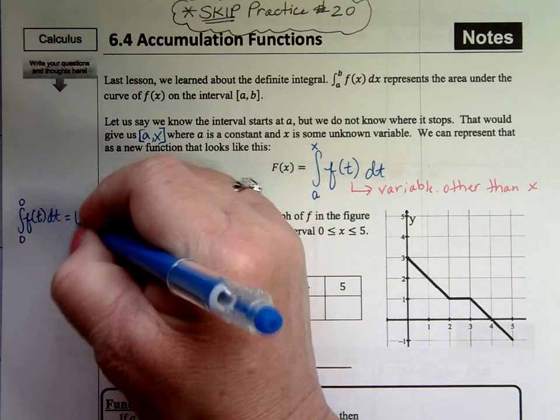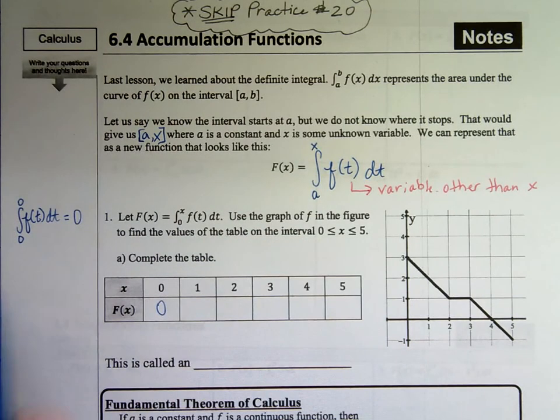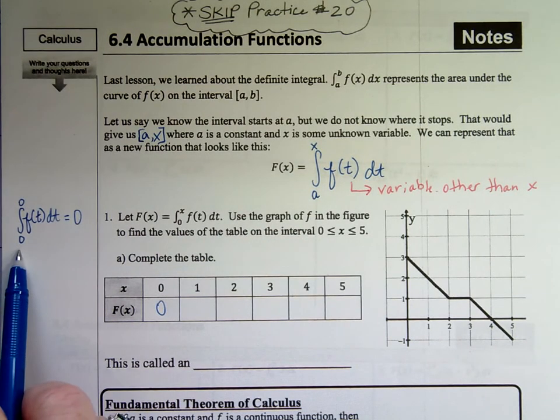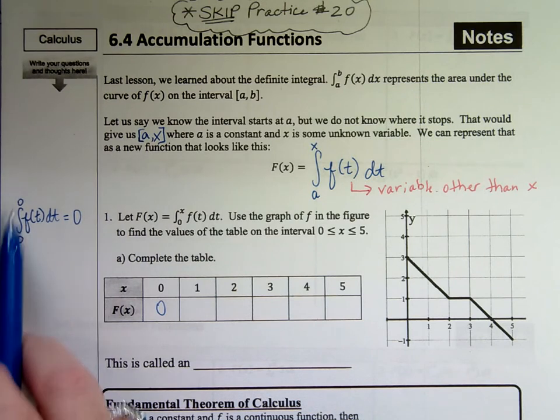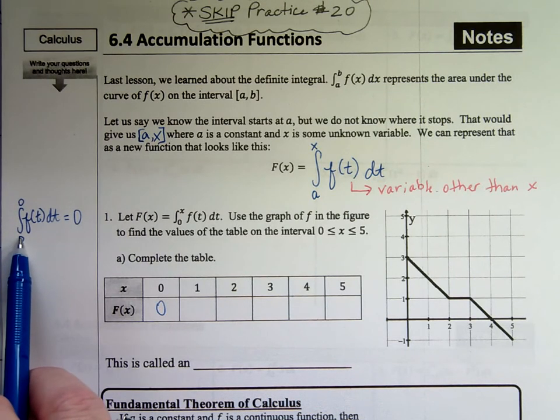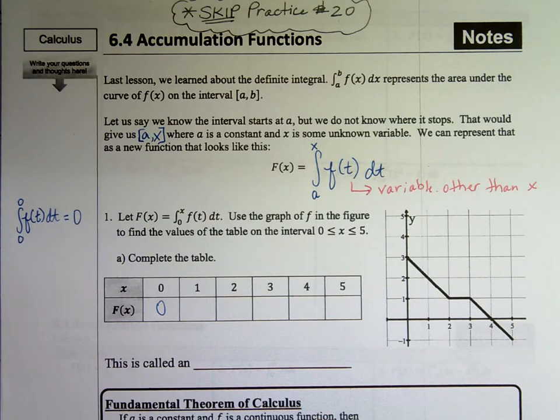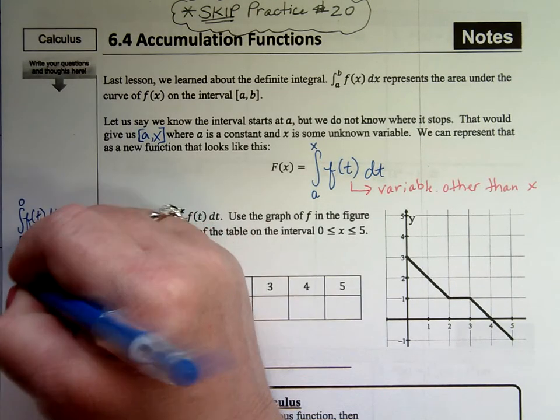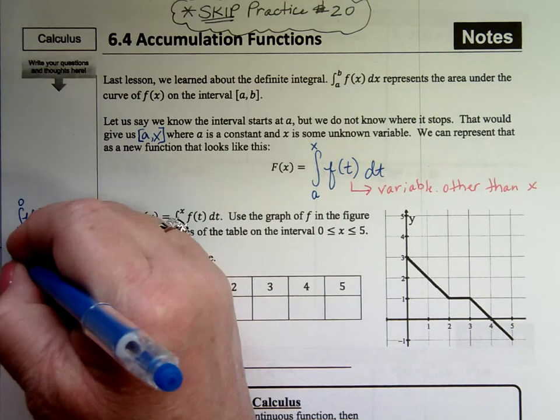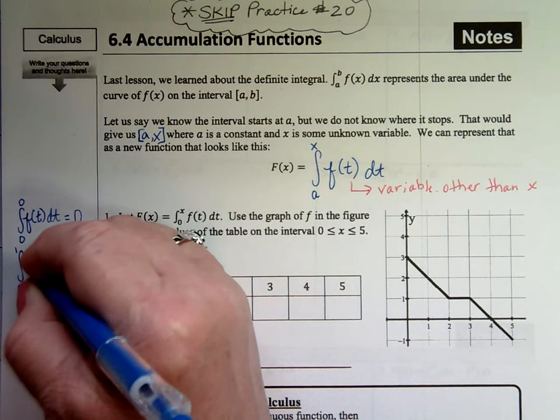So this one is a 0. By the way, this is one of the laws for integrals. If the top and bottom limits are the same values, then your answer is going to be 0, which makes sense because you haven't gone anywhere to get any area. So the next integral, for when x is 1, would look like this.